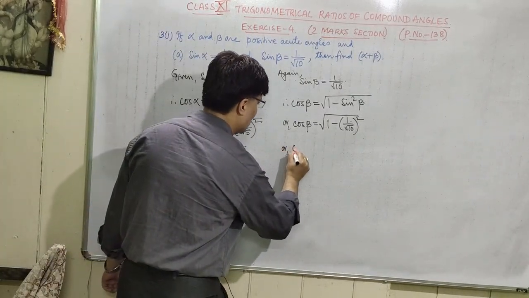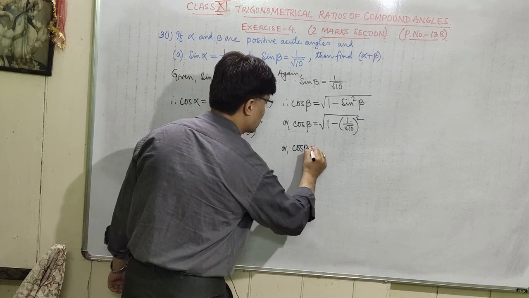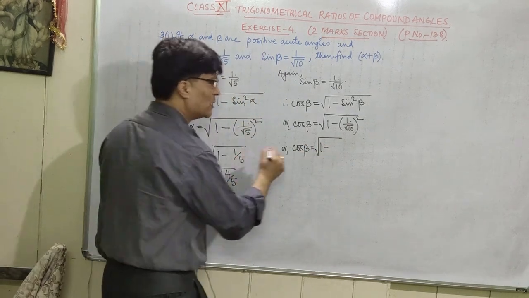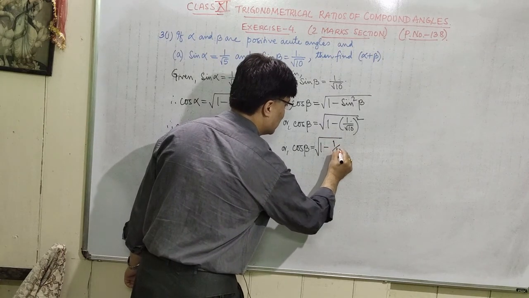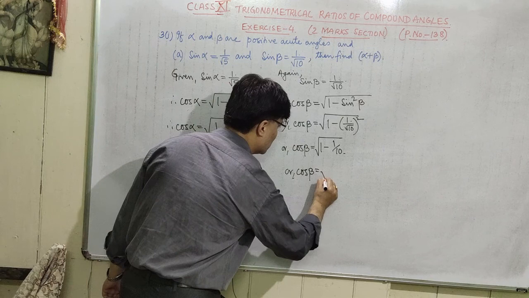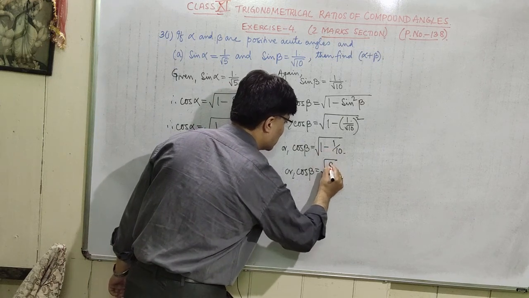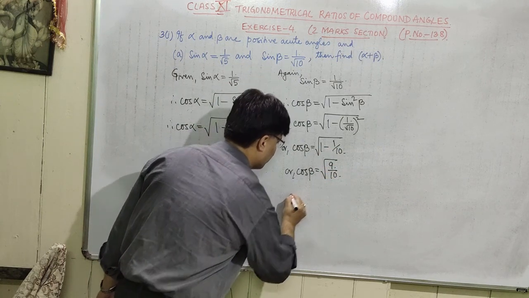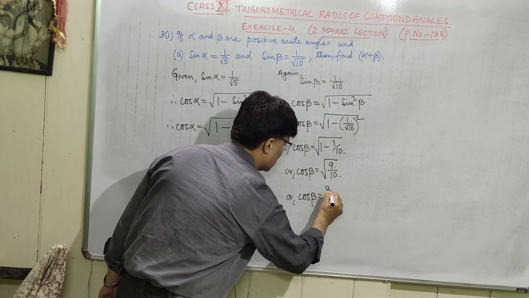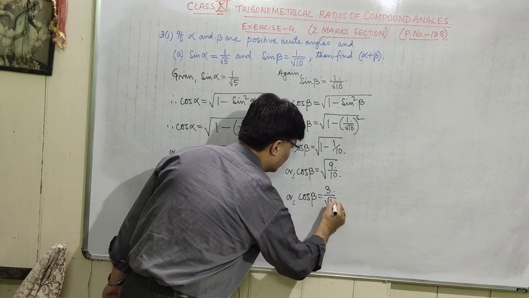Okay, so now cos beta is equal to root over 1 minus, what is 1 by root 10 whole square? It is 1 by 10. Now cos beta is equal to root over 10 minus 1 is 9 by 10. Or what is cos beta? It is 3 upon root 10.